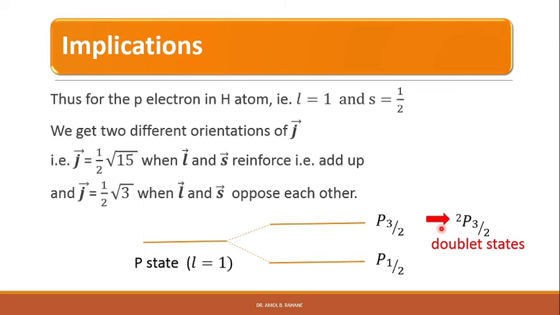Instead of writing P half and P 3 by 2, we write 2P half and 2P 3 by 2. That means 2 means doublet, P means the L equal to 1 state, that is the p orbital, and this 3 by 2 and 1 half represent the J value, that is the total angular momentum quantum number.